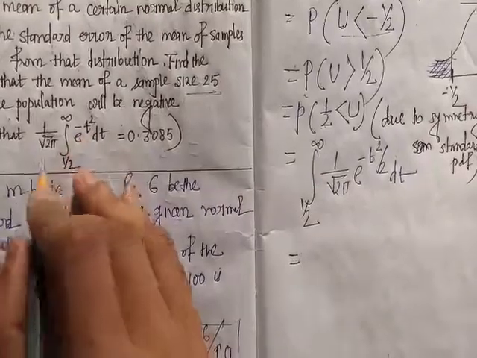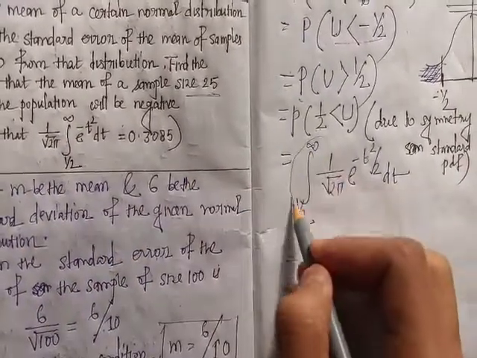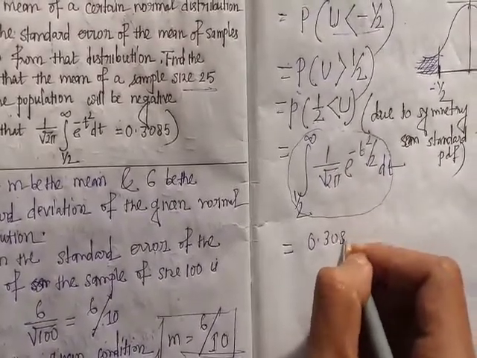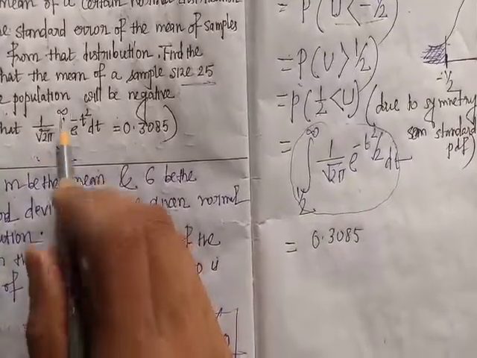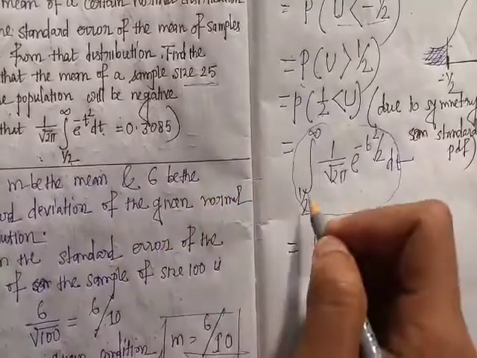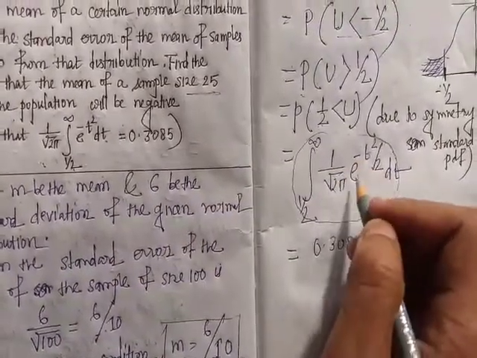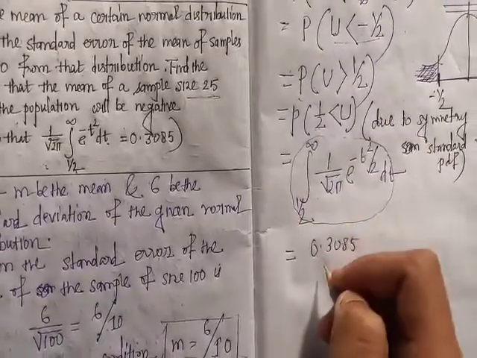Given that this value is 0.3085, the integral from half to infinity of 1 by root 2 pi e to the power minus t square by 2 dt equals 0.3085.